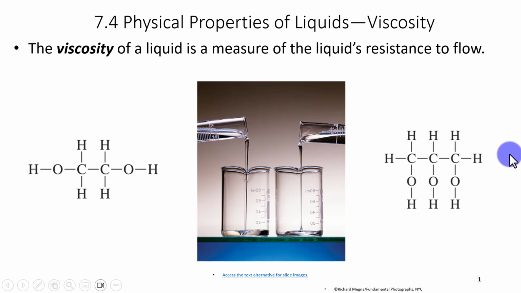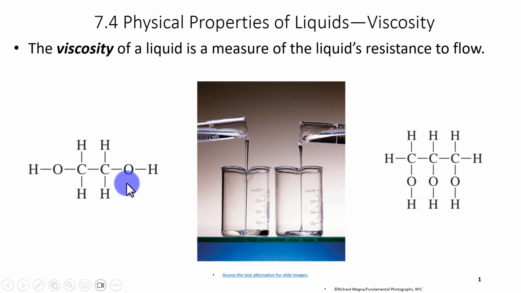So here's two different compounds that are being poured out here, and one of them is more viscous than another. It's kind of hard to judge from this picture, but this is the molecule to the left and this is the molecule to the right. Well, I can see they're very similar to each other, and they have similar molar masses, right? They're not that different. But what I do see is that these molecules are polar because they have these OH groups.